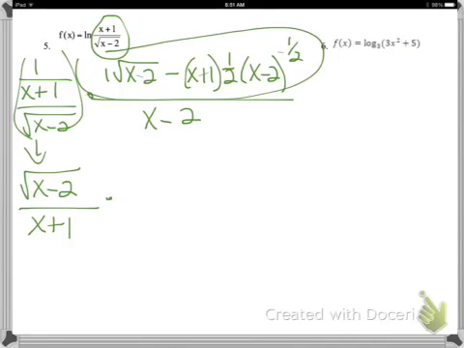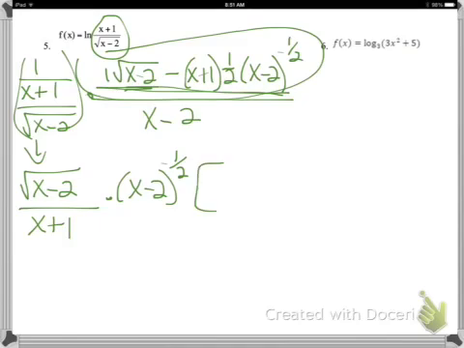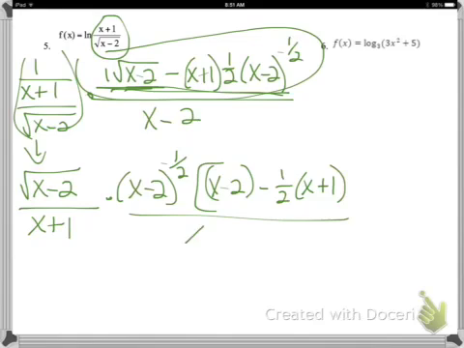And then the right side here, you could leave that as it is and factor out an x minus 2 to the negative 1/2 power. Okay, and see what you're left with. So if I factor out an x minus 2 to the negative 1/2, then I would have x minus 2 the first term, this, minus 1/2 times x plus 1, all over x minus 2.